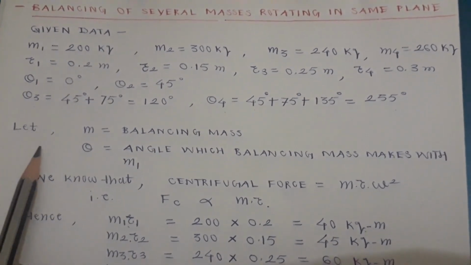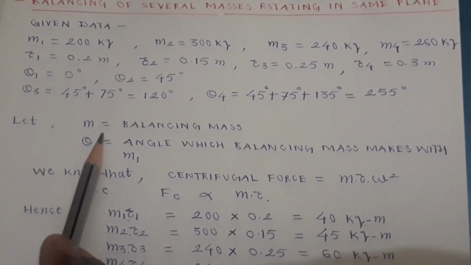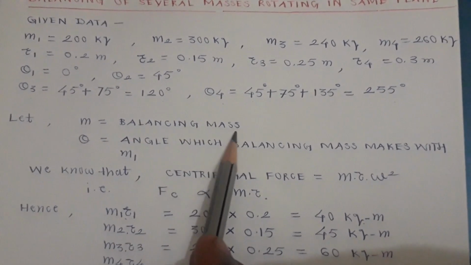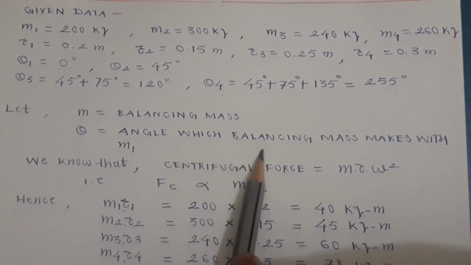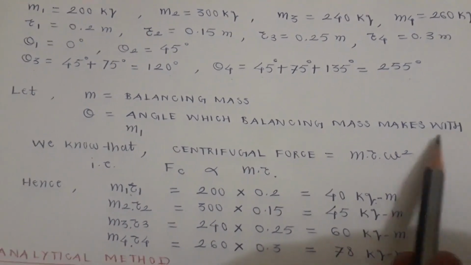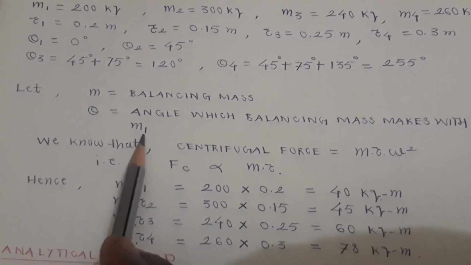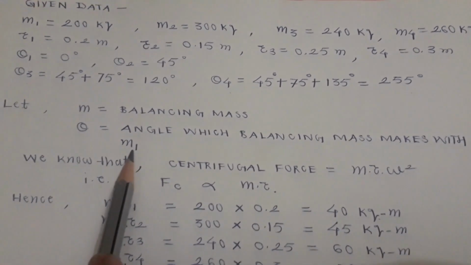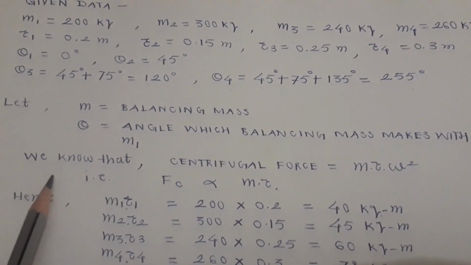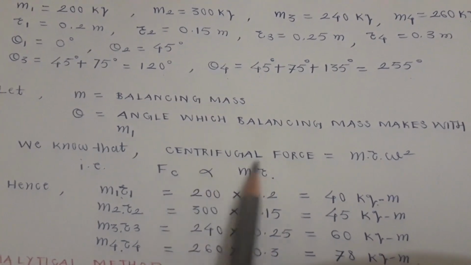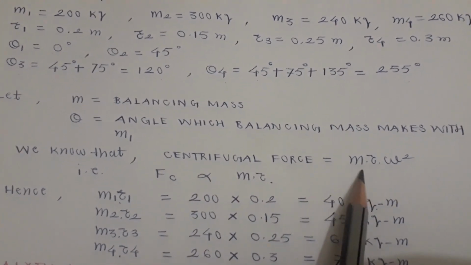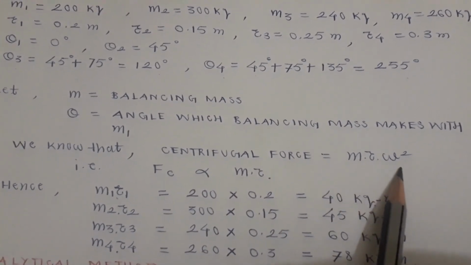So let us consider small m as the balancing mass, and theta as the angle which the balancing mass makes with m1, the first mass of 200 kg. We already know that the centrifugal force is in terms of m r omega square.